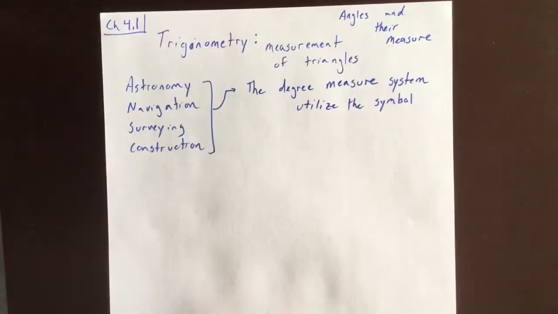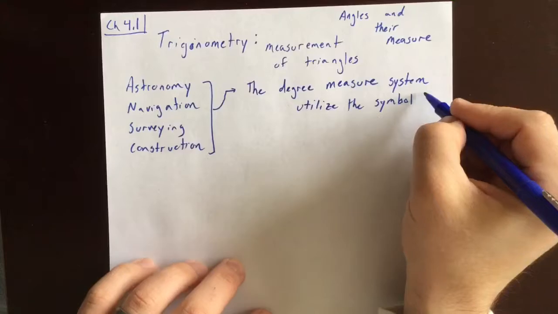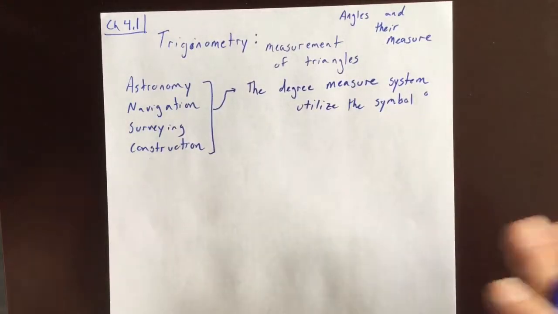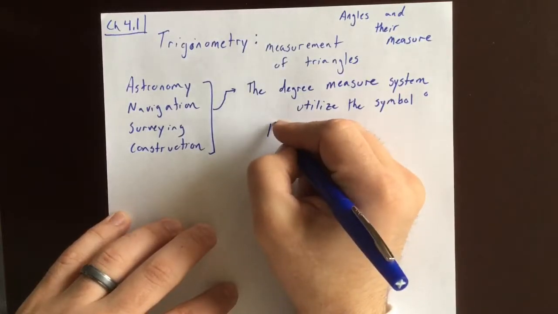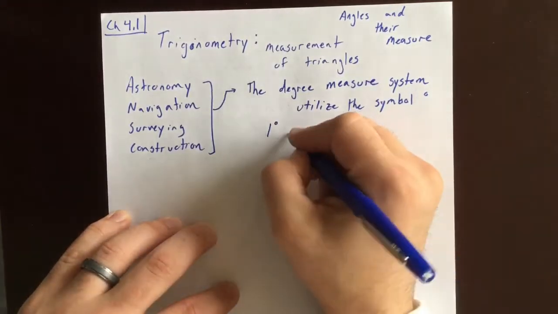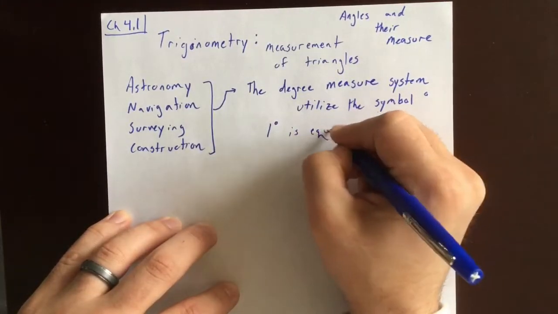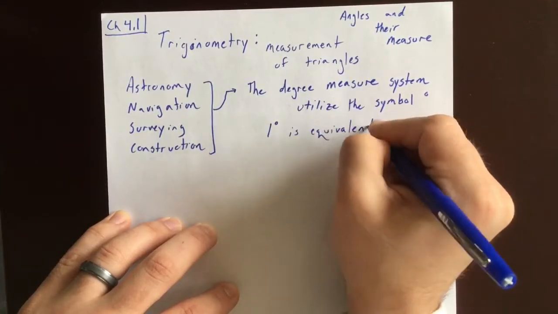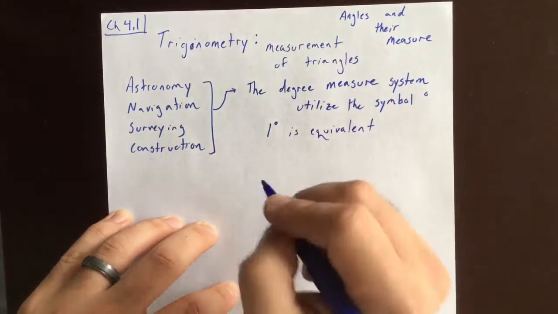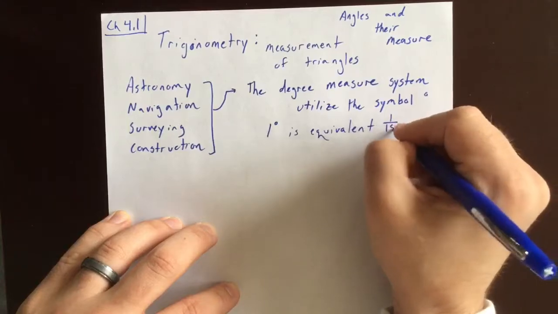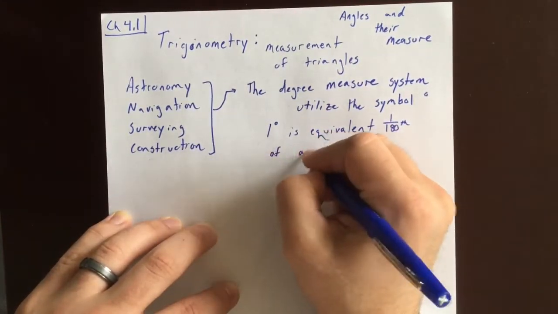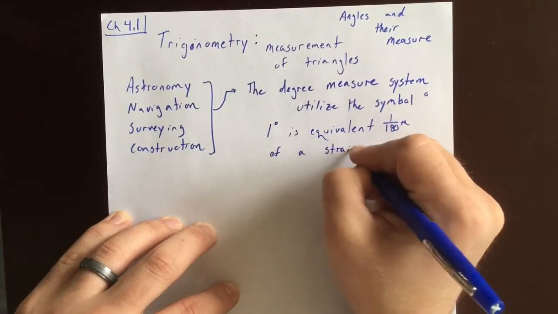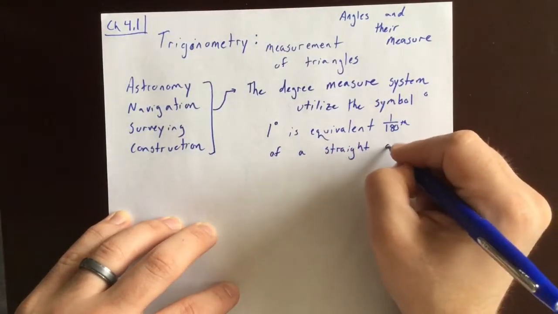We know that we utilize the symbol, the degree. So one thing we want to note is when we say 1 degree, what that actually means is that 1 degree is equivalent to 1/180th of a straight angle.